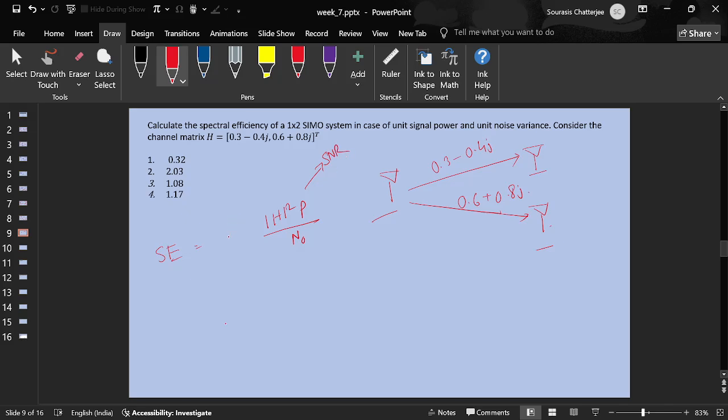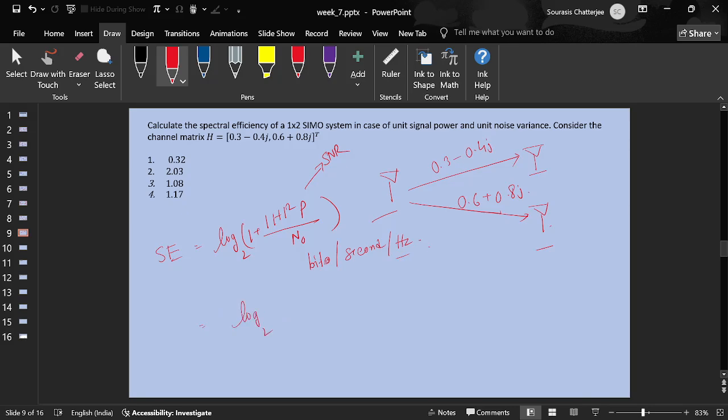And how do I get spectral efficiency? How do I write spectral efficiency? Log base 2 of 1 plus SNR, right? Okay. And the units are bits per second per unit bandwidth, per hertz.